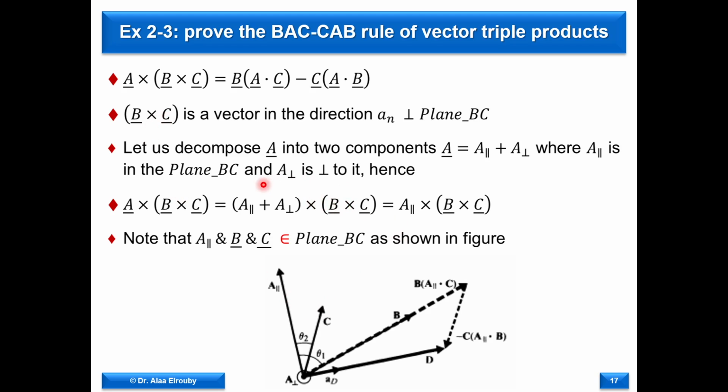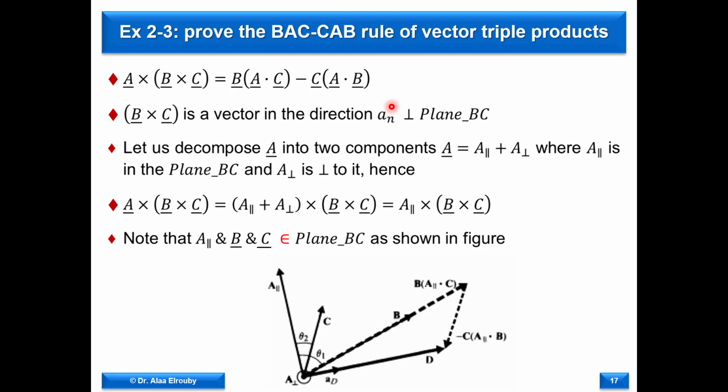So we know that the cross product B cross C would be normal to the plane. So this relationship is A parallel cross AN plus A normal cross AN. So this is the distribution property of the cross product. But AN and A normal are in the same direction.